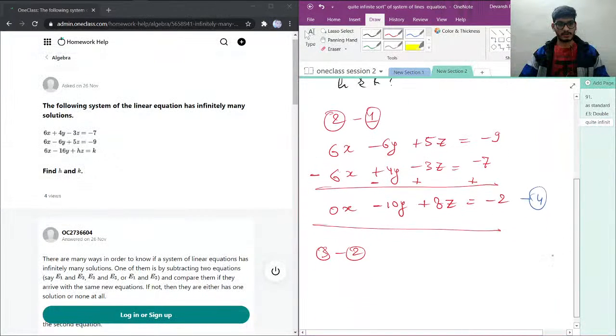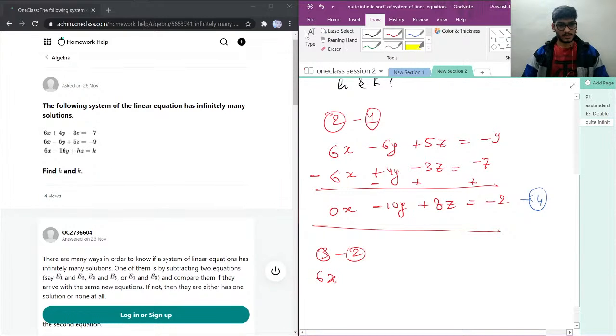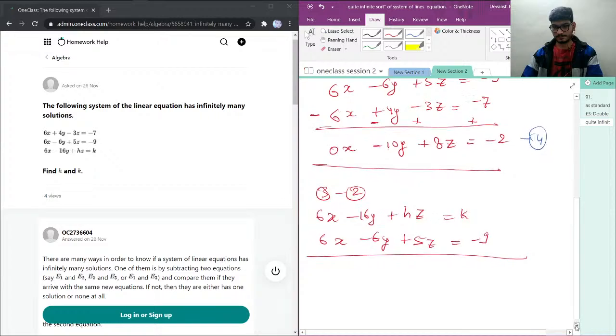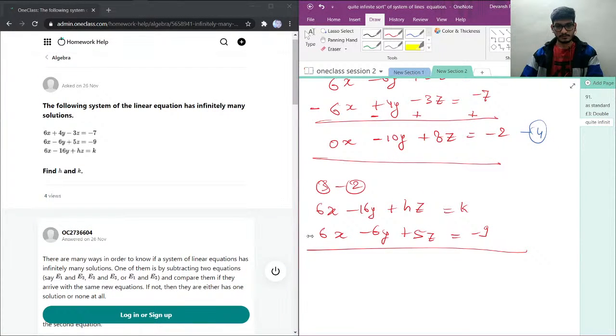The third equation is 6x minus 16y plus hz equals k, and the second one was 6x minus 6y plus 5z equals negative 9. So I will subtract, this will become plus, minus and plus.